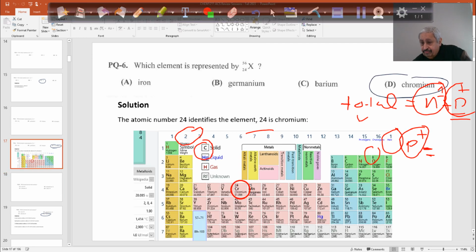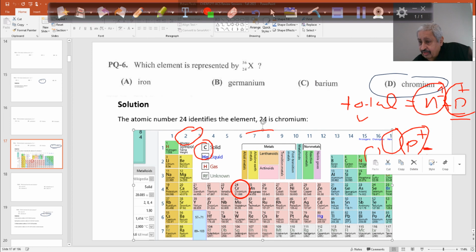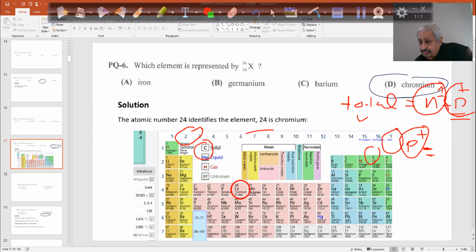Phosphorus, how much is it? 15. This is phosphorus here, guys. Phosphorus is 15. This is 32, correct?